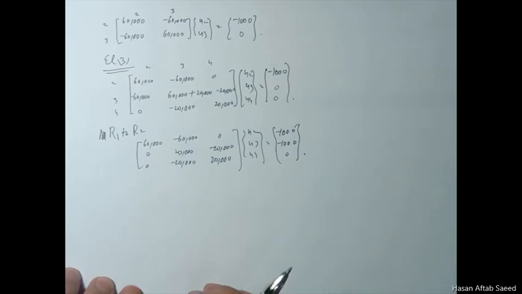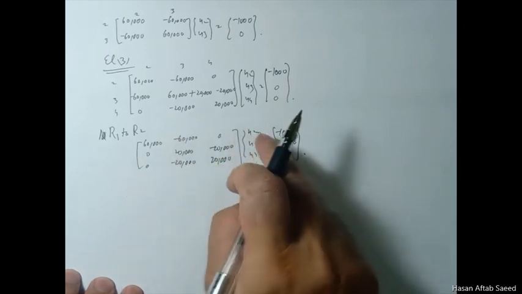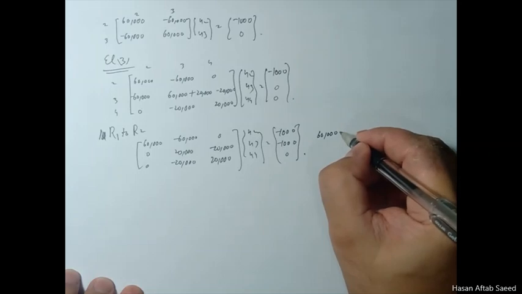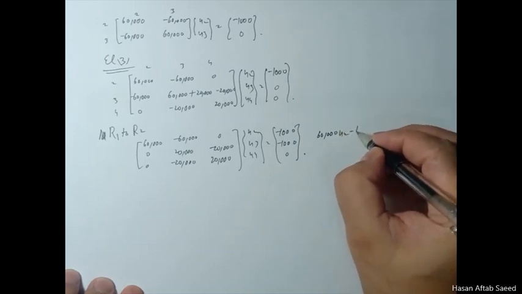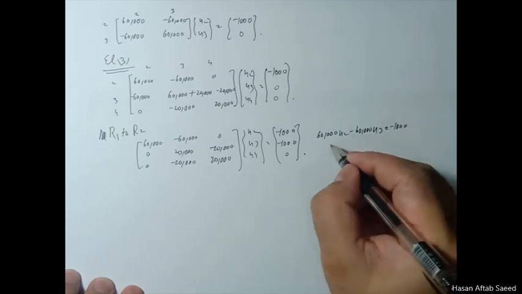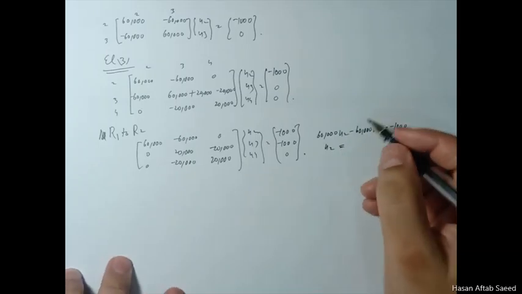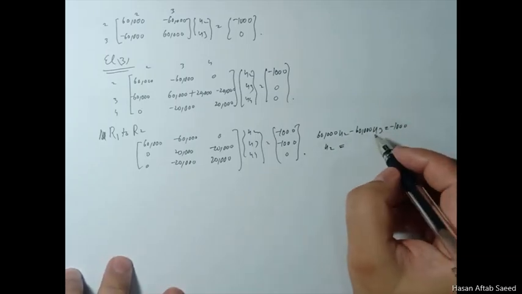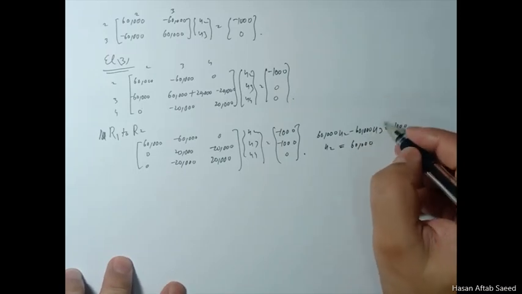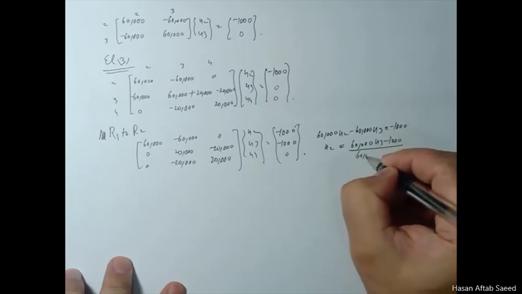Now this is where we can just remove this and this, but not before we write the equation for u2, because we are going to use it in back substitution. Remember, 60,000 u2 minus 60,000 u3 is equal to minus 1,000. u2 is equal to (60,000 u3 minus 1,000) over 60,000.